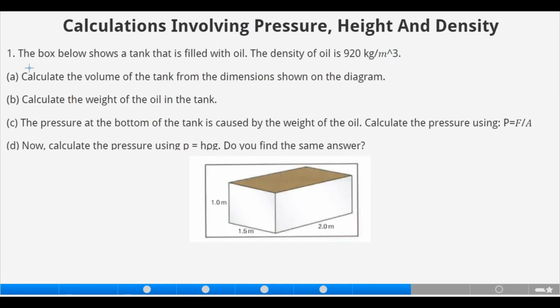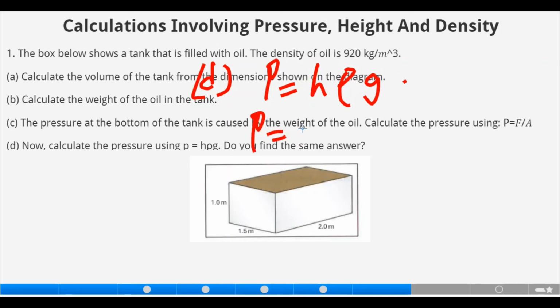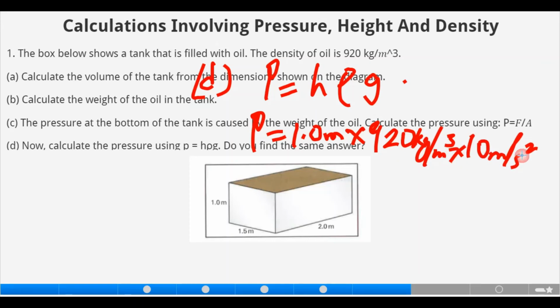For the D part now, I have P is equal to H rho G. So P now, the height now is 1.0 meters. Don't forget that the density of the oil is 920 kilogram per meter cube, times the gravity, that's 10 meters per second squared.